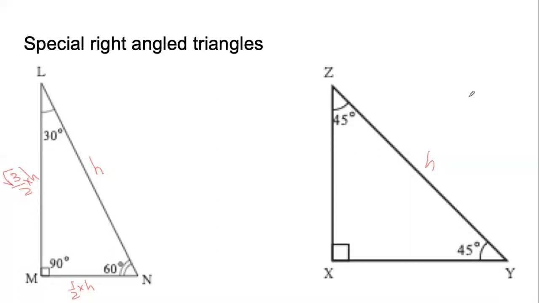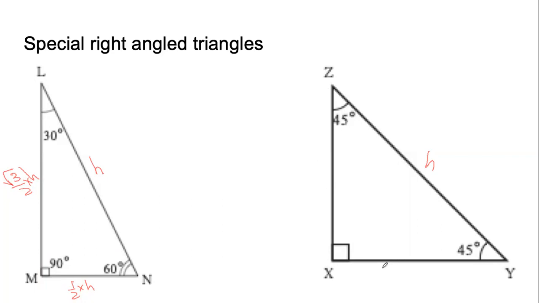The second special right angle triangle is a 45, 45, 90 triangle, in which if the hypotenuse is of length H, then the other two sides will be of the same length, because this is an isosceles right angle triangle. We know this because both angles are of the same measure, 45 degrees.